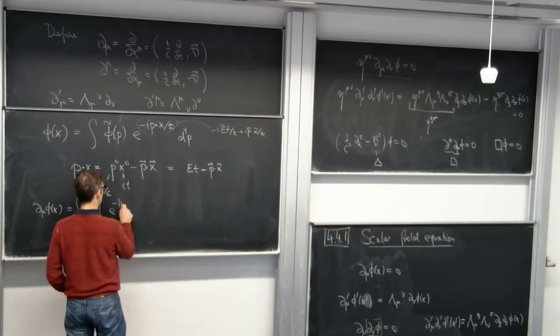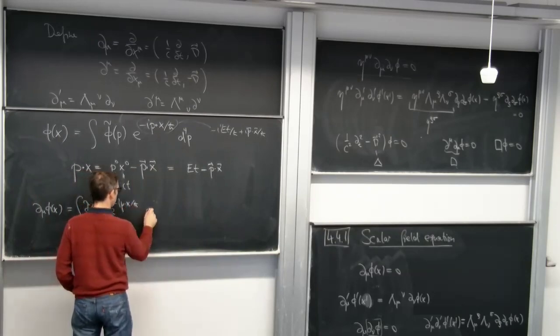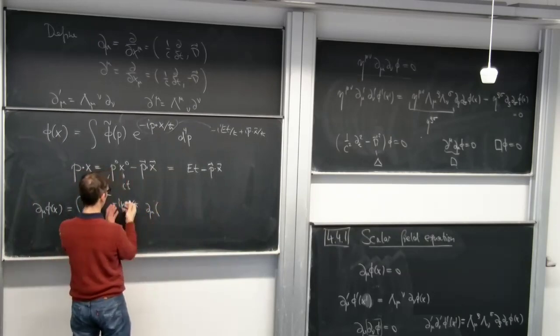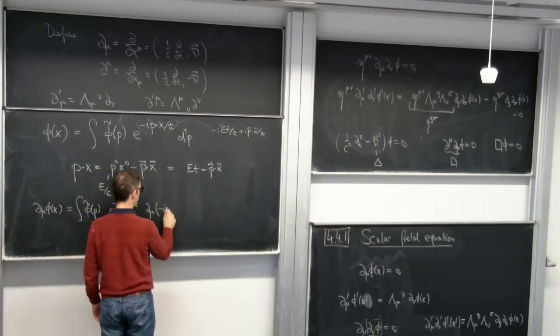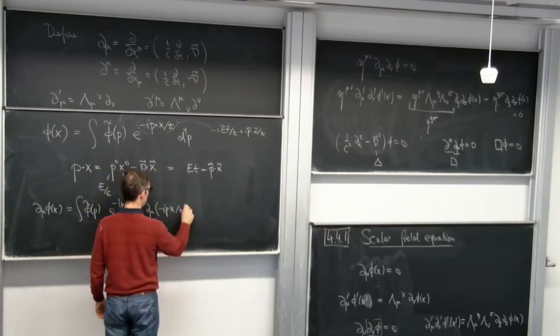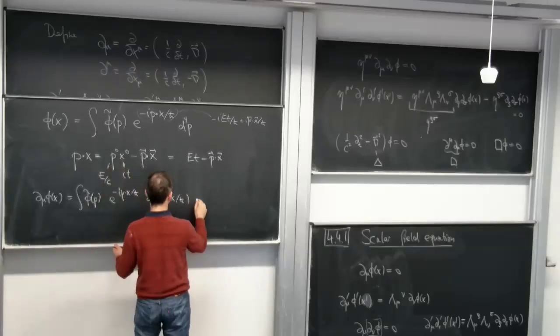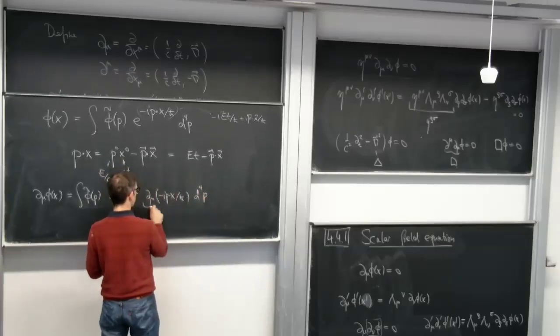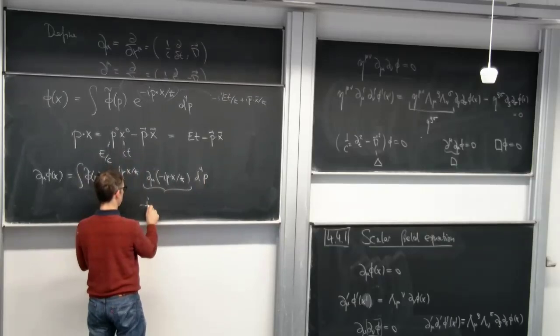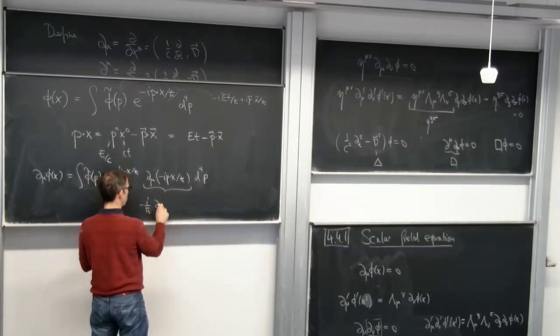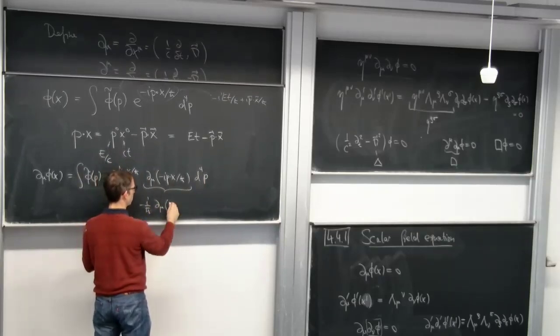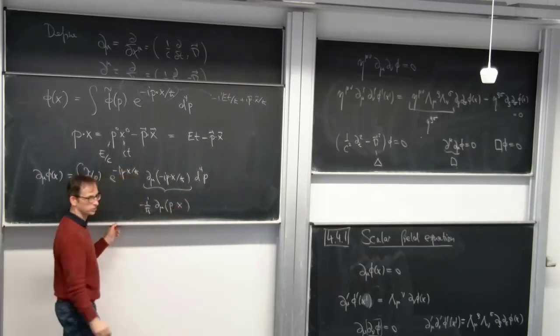So it's this thing, and then d mu of the exponent minus i p times x over h bar, d4 p, but this is minus i over h bar, and now it's d mu, and here I can write, for example, p with explicit indices, and what's convenient?